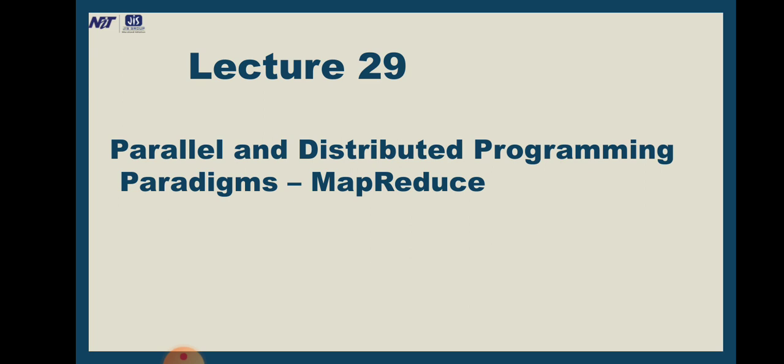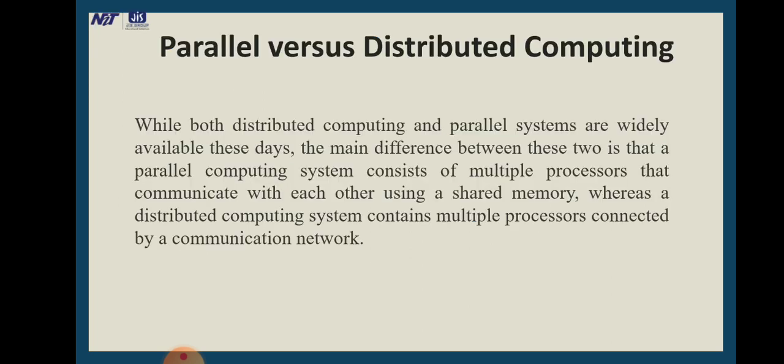Such systems are increasingly available these days because of the low price of computer processors and the high bandwidth links to connect them. These are the features or the working principles of distributed and parallel computing systems.